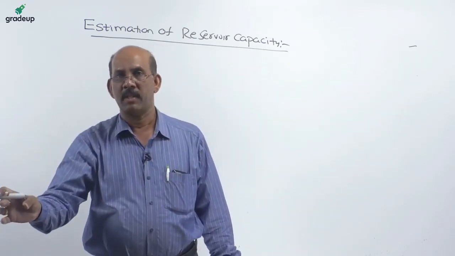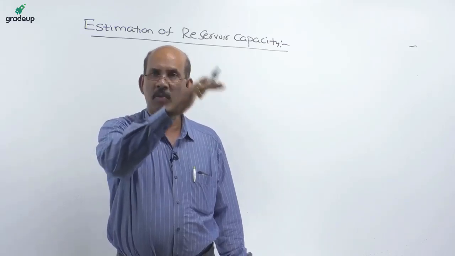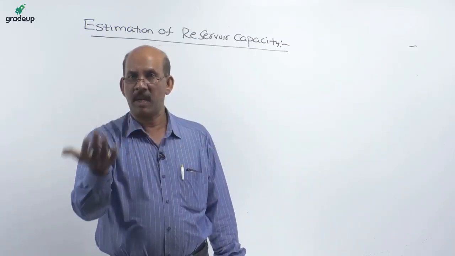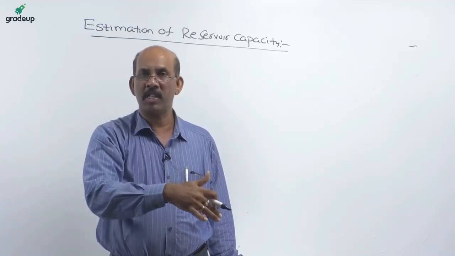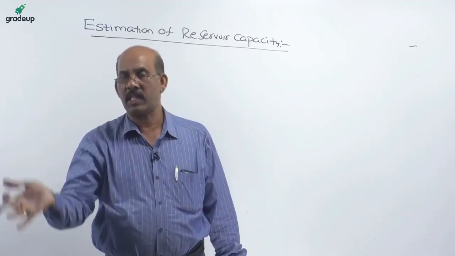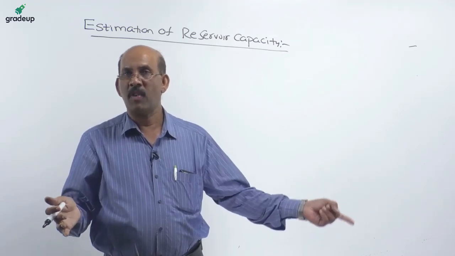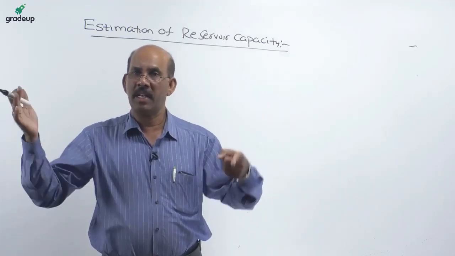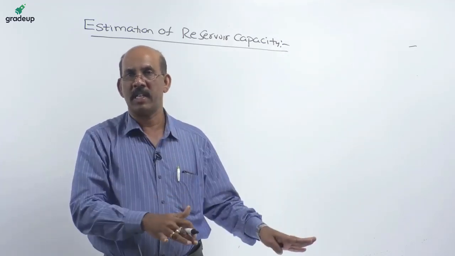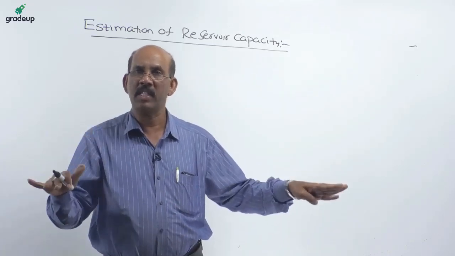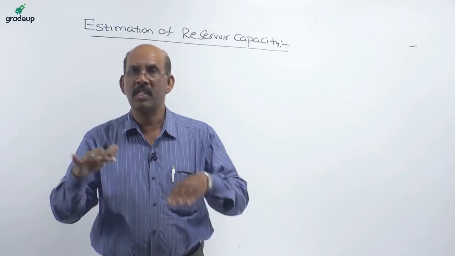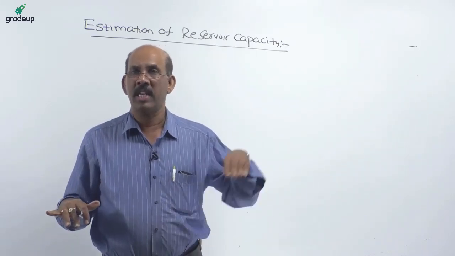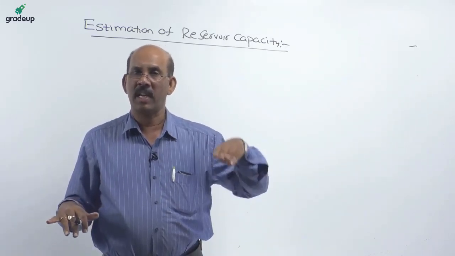When you do not have the water, that is in the summer, when the demand is more than the inflow into the reservoir, you have to release the water. So when the inflow is more than the demand, you store the excess water. When the inflow is less than the demand, release whatever water you have stored. So this is what we are going to see, the analysis of reservoir capacity.